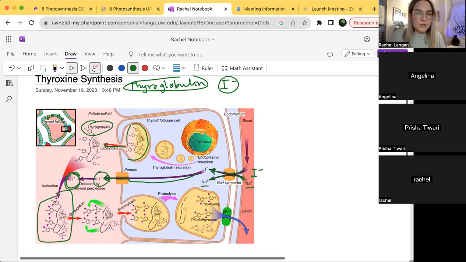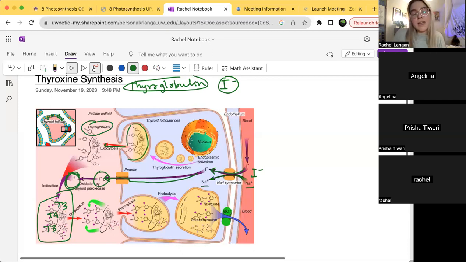And the big molecule that we make basically has pieces of T3 and T4. T4 is thyroxine and T3 is the modified, more active version of thyroxine, but they're all kind of attached together.